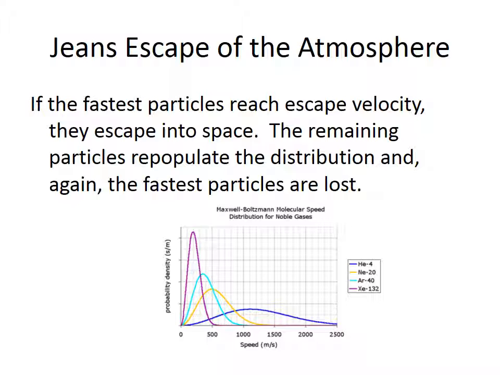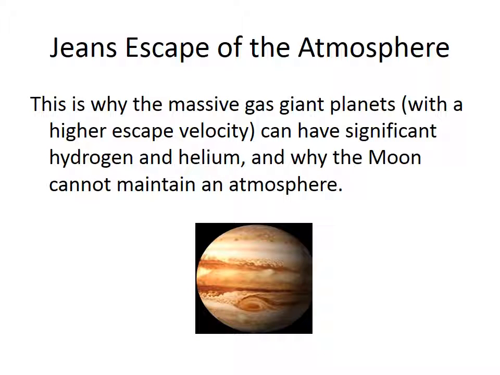We have to continuously replenish our helium with basically alpha decay products. However, our massive gas giant planets with a higher escape velocity can have significant hydrogen and helium. Jupiter and Saturn are mostly hydrogen and helium.